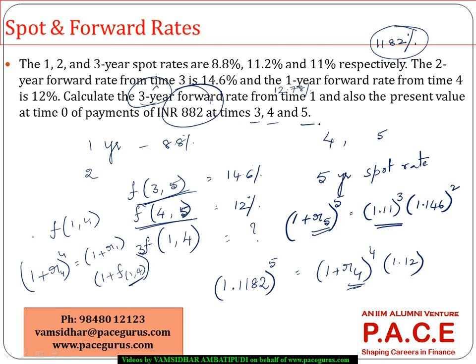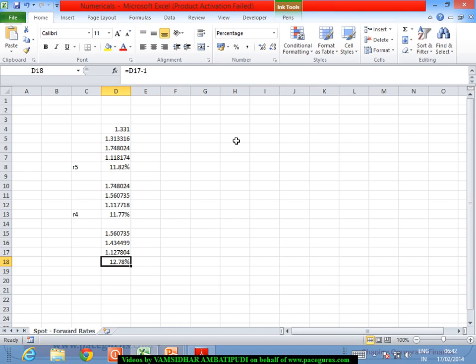And now there is a question that is being asked. 882 comes at each of the 3rd, 4th and 5th years: 882, 882 and again another 882.